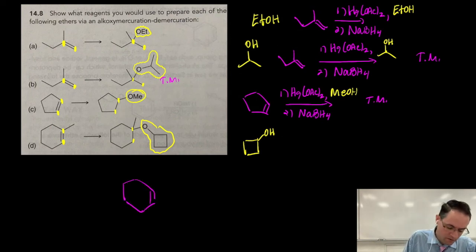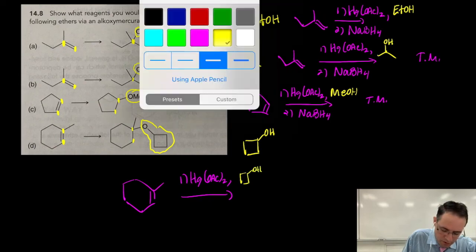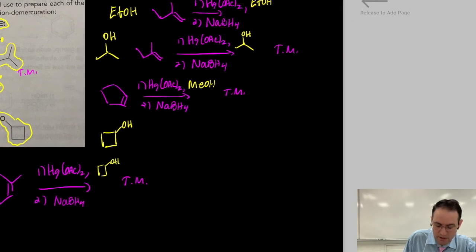So the synthesis would be to take our starting 1-methylcyclohexene, add your mercury 2 acetate, add the cyclobutanol. Step 2, work that up with sodium borohydride, and that would get you the target molecule.